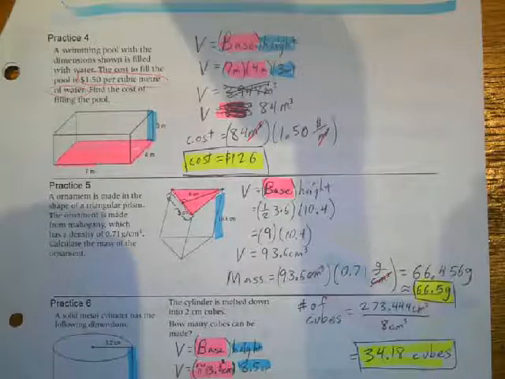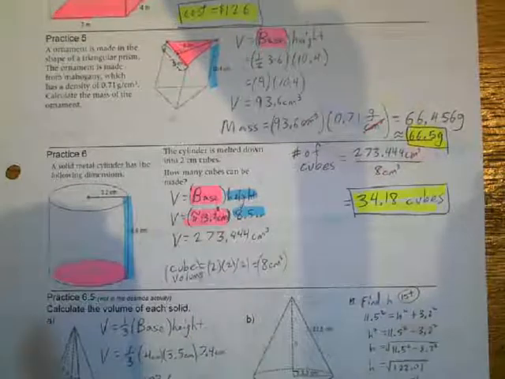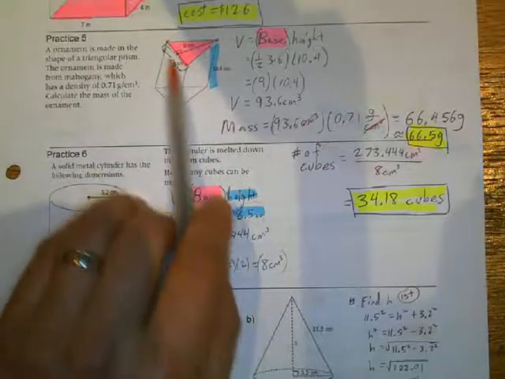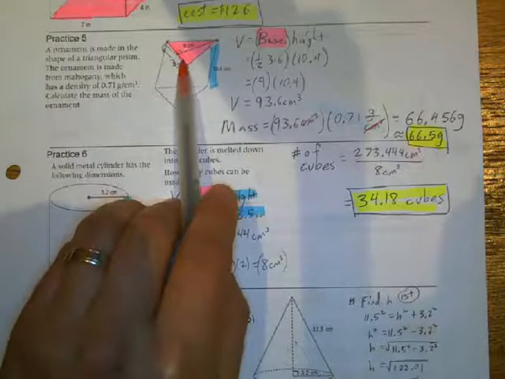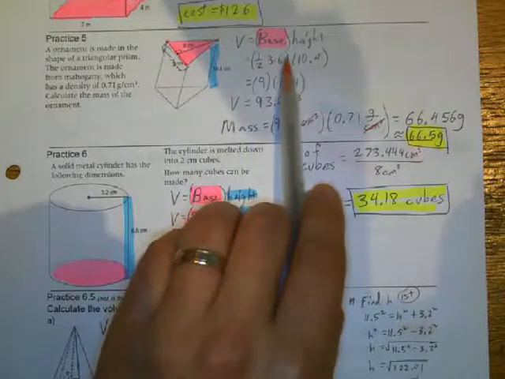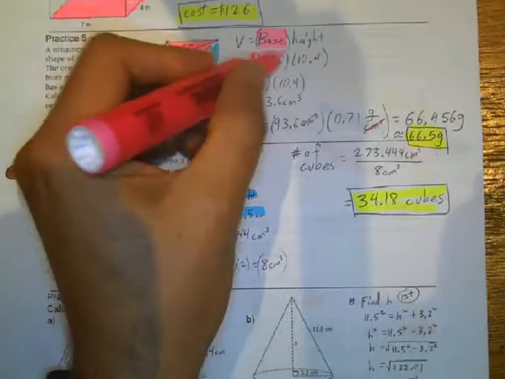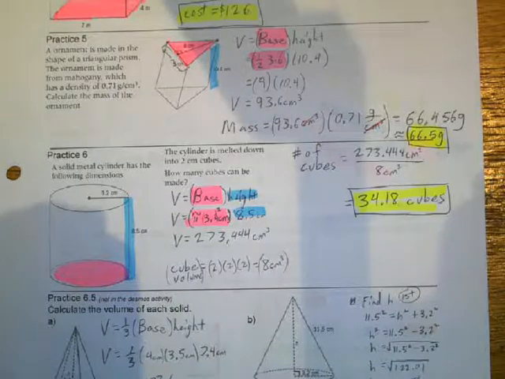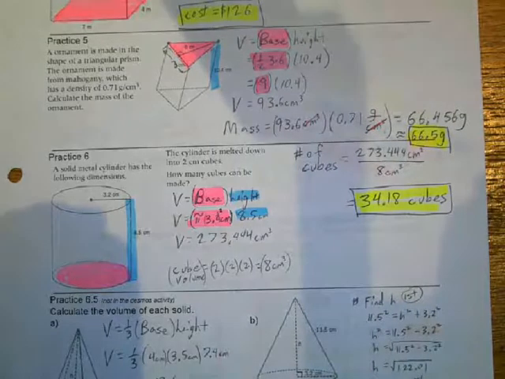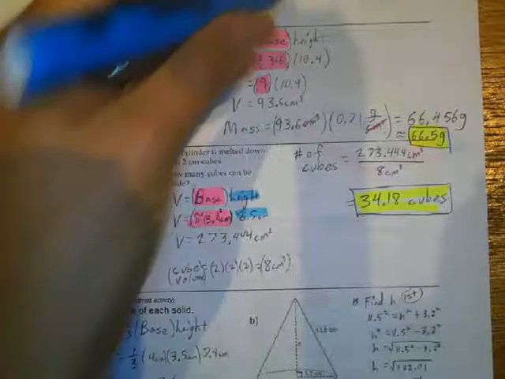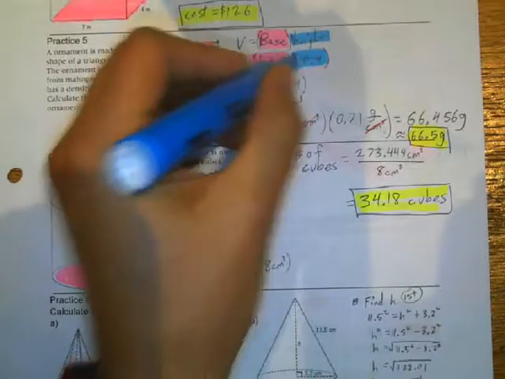Okay, let's look at practice number 5. So this whole length is 3, this height of this triangle is 6, so the base area of this triangle is 1/2 base times height. And then the height of this triangular prism is 10.4.